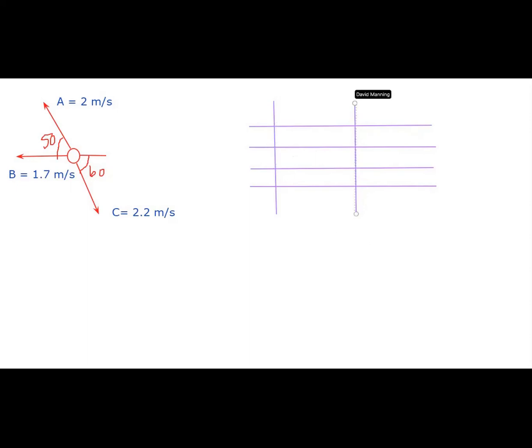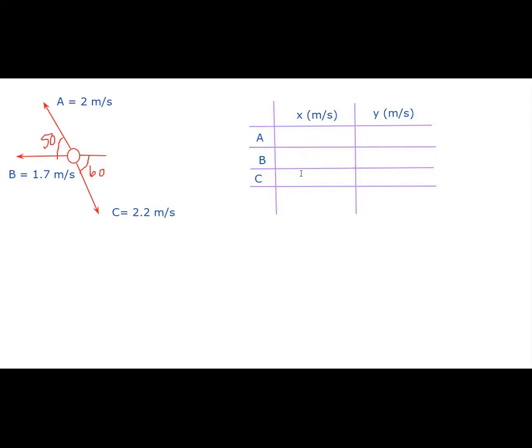So we have our chart. We're going to insert our values for A. We got B. We got C. X in meters per second. And Y in meters per second.